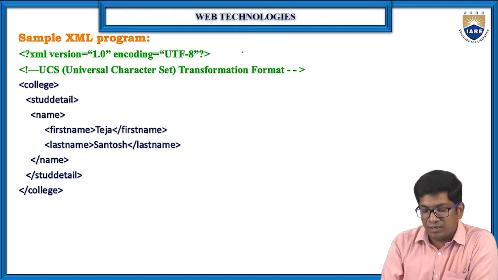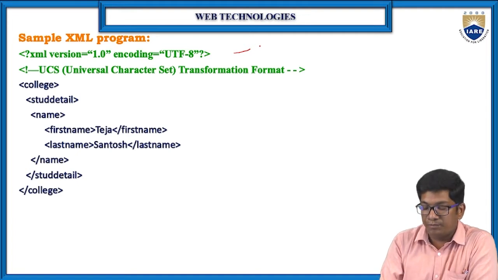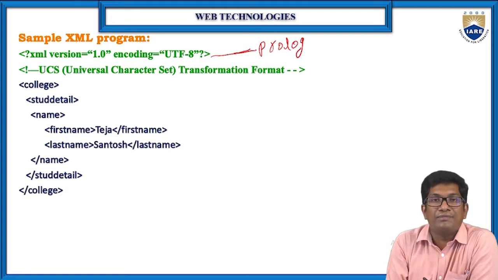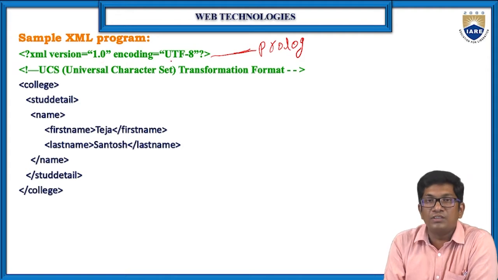The first line identifies to the browser that this is an XML document, which means you have to write the prologue. You start with a left angular bracket, question mark, xml, space, version equal to 1.0 and encoding equal to UTF-8.